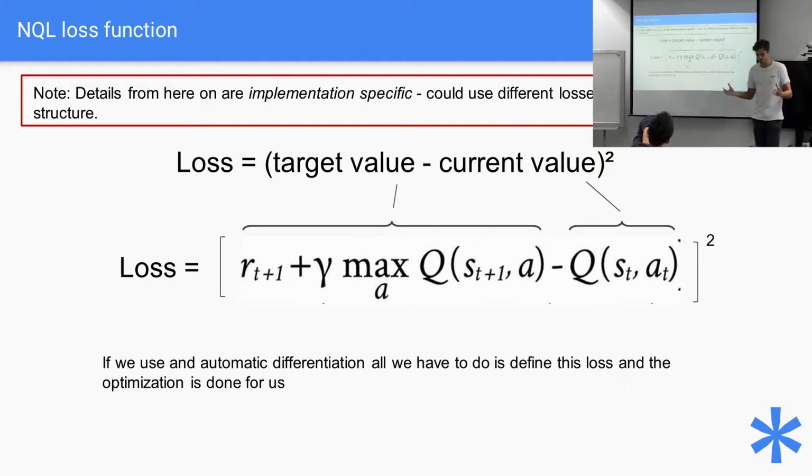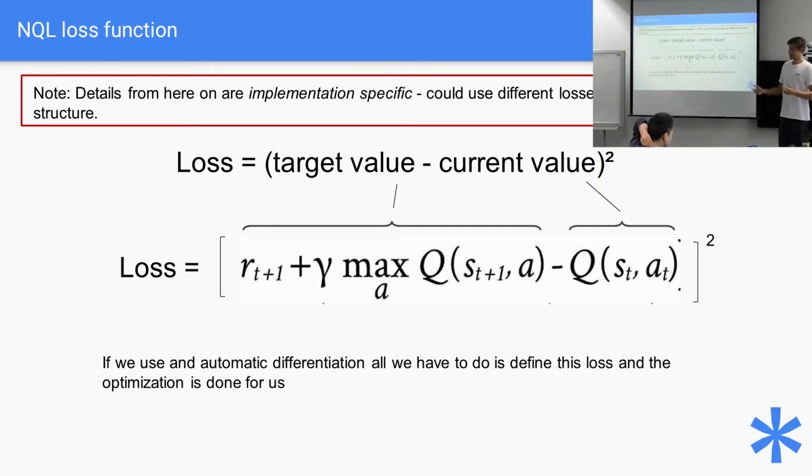When we want to train a neural network, we have to define a loss function. The loss function is what we saw in gradient descent that defined our parameter step size. In neural Q learning, we use the squared sum of the target value minus the current value.